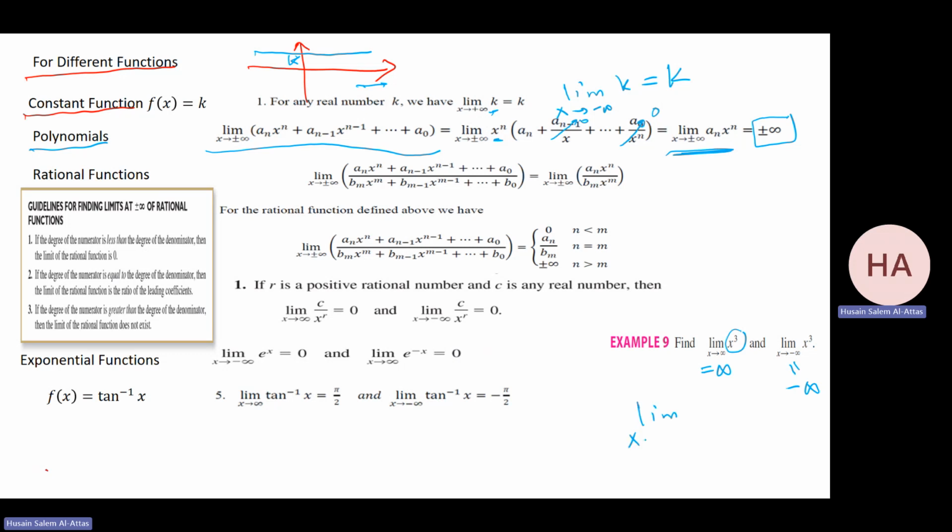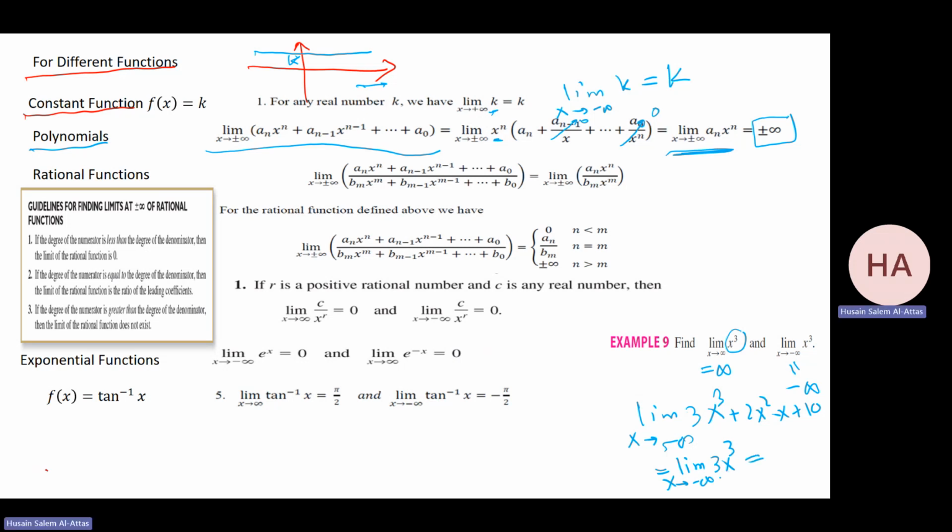What about if I have the limit as x goes to infinity or minus infinity, let me see, minus infinity, of 3x cubed plus 2x squared minus x plus 10? What will happen? This limit is the same as the limit of 3x cubed.